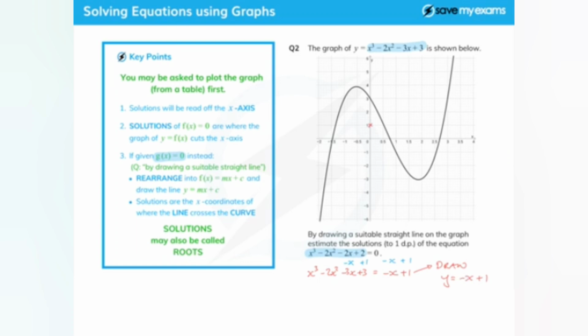So using the scales carefully, if I go 1 across, I go 1 down and get to that point. 1 across, 1 down. And so here I am doing a gradient of minus 1. And if I extrapolate that backwards, I can see that that is my straight line. And so I simply draw a straight line, as straight as I can, with a ruler through those points.